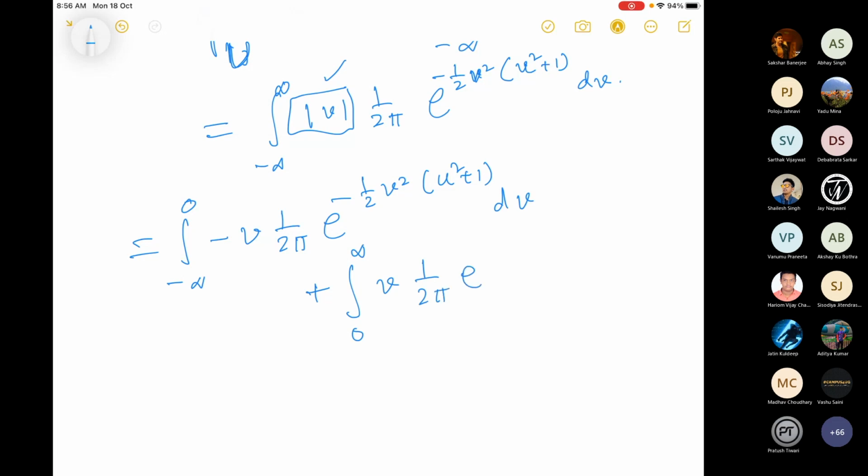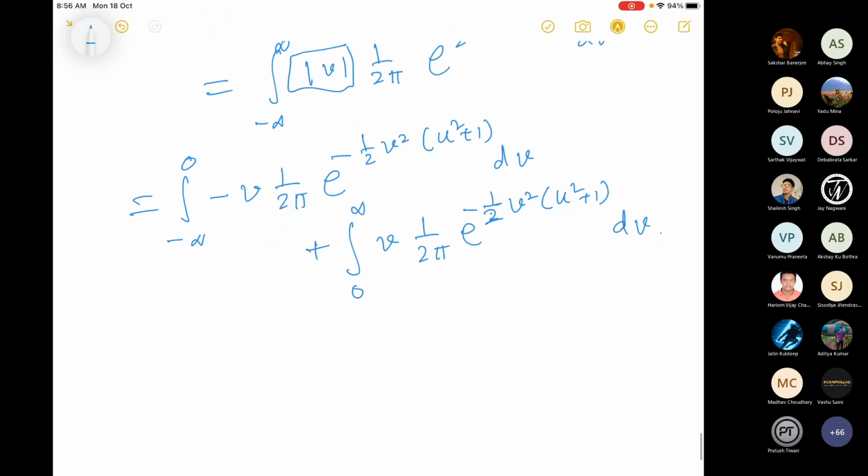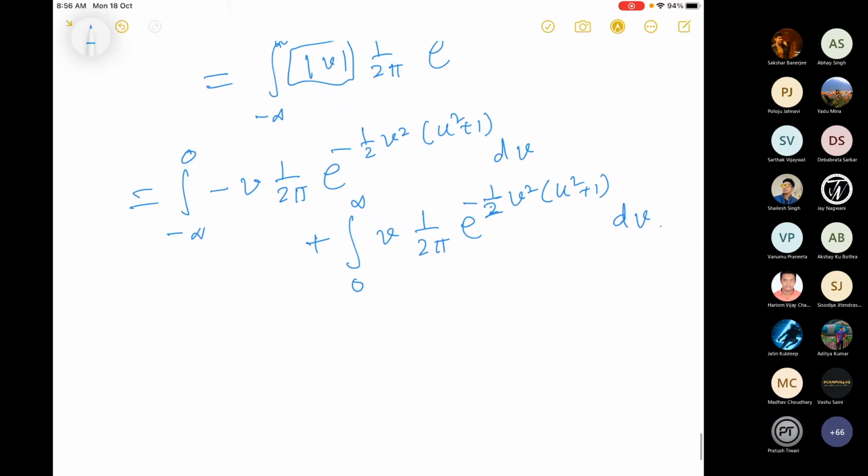I should have taken 1 by 2 pi out anyway. So now it is easy. Can anybody tell me what will be this one? You can treat this as a constant because u is not varying, only v is varying. What will be this value?